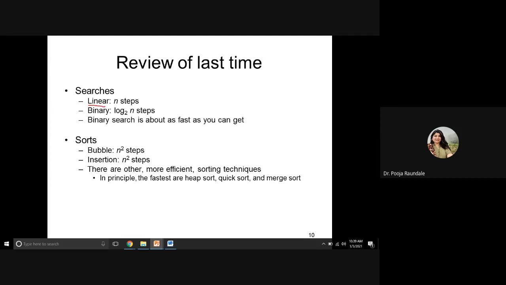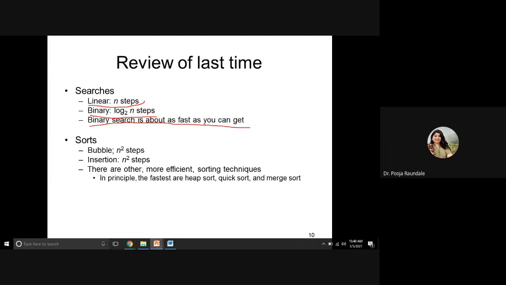Consider a linear search algorithm. Linear search will take n steps, and binary search will take log n steps. If you look at n and log n, definitely binary search is a faster algorithm compared with linear search, right?